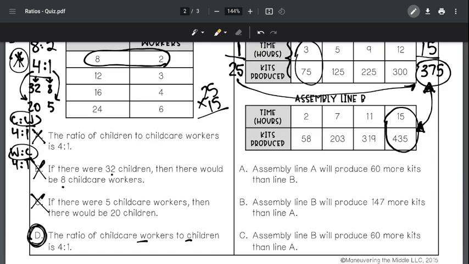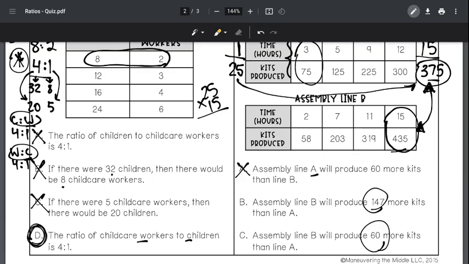Which company made more and how many more? Well, I can obviously see that 435 is bigger than 375. So Company B produced more kits, which means A is out, because A is the only option that says Company A made more. So Company B made more. We just have to decide whether they made 147 more or 60 more.